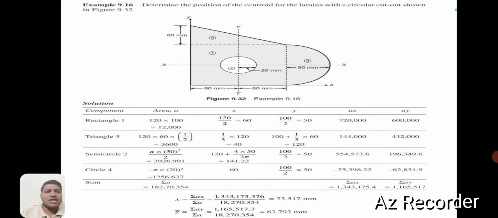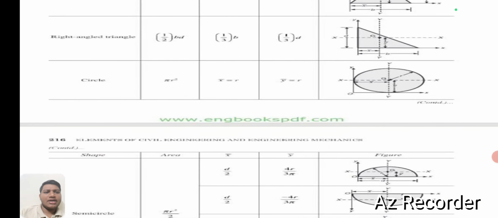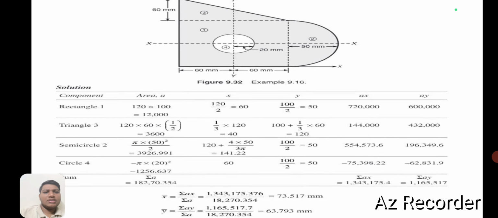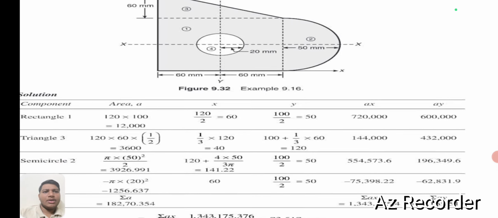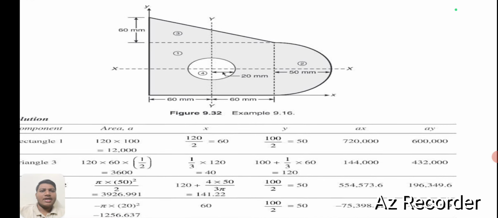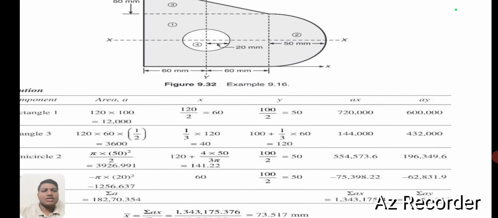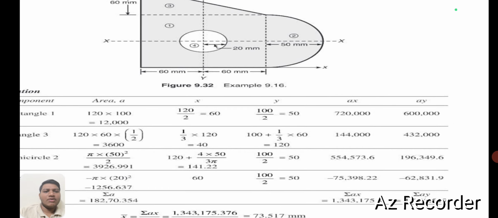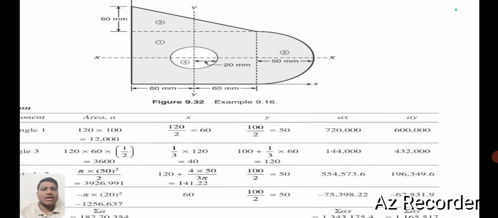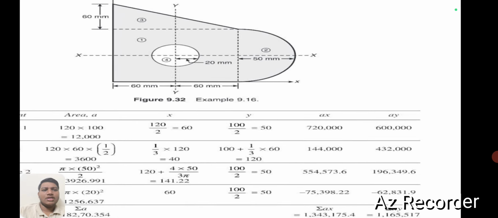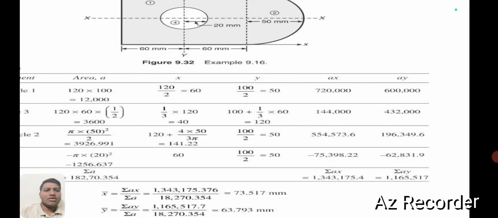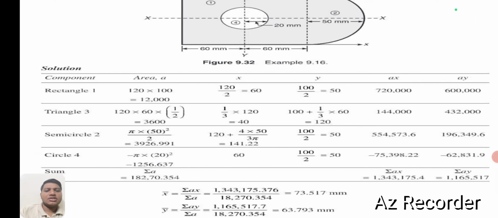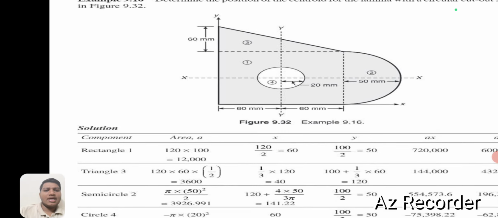To find x, we should take the distance from the y-axis to the semicircle, which is 120 plus 4 into radius divided by 3 pi, that is 141.22. To find y, we take it from the x-axis, so it is 100 divided by 2, that is 50. Ax is 554573.6, and Ay is 196349.6.